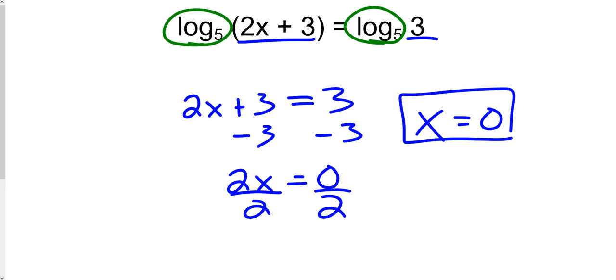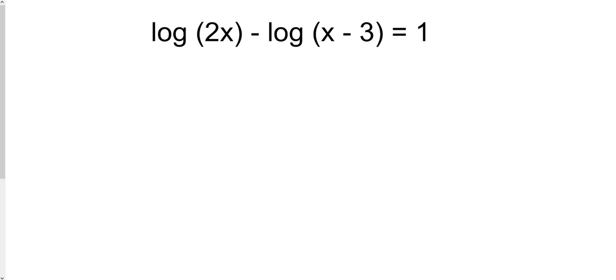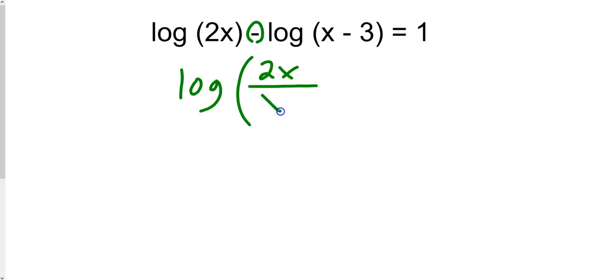And then let's do one more log, something like this. Notice in this one you have addition and subtraction between two logs. Let's go ahead and condense this down. Remember that subtraction really means that there's division between these two. So what we have is log of 2x divided by x minus 3 equal to 1.